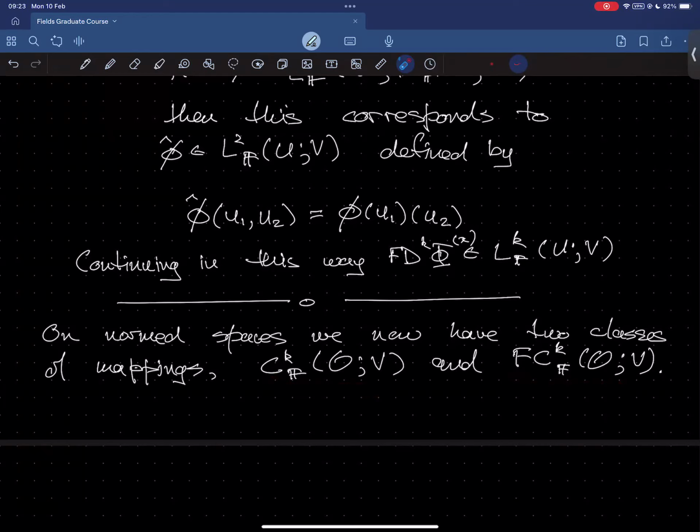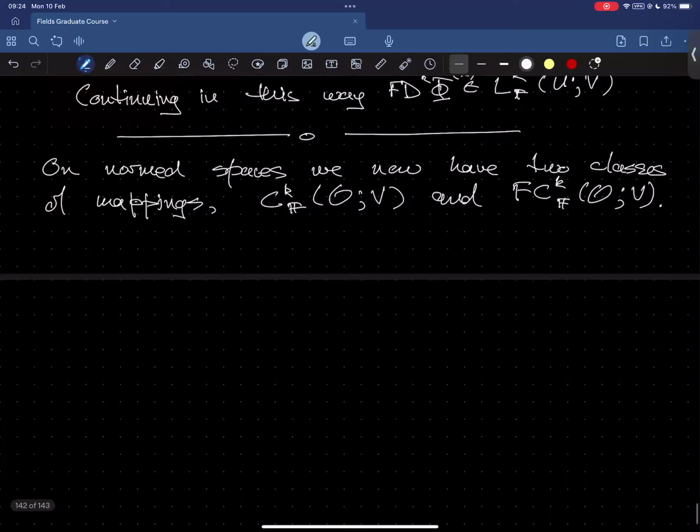The results that I state and don't prove are actually kind of hard to prove, and it's one of those things where it would take us 3 days to get through the full proof. The full proof is in the course text. So you can look at it if you want to, but we're only going to do a very limited amount of the proof.